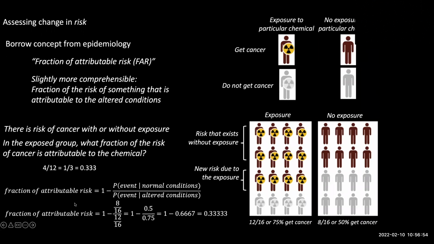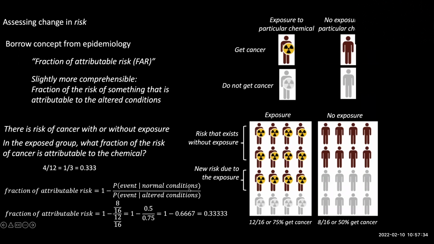So you just plug in numbers here. 1 minus the probability of the event under normal conditions is this 50%, or 8 over 16. And then the probability of cancer under exposure is 12 out of 16. So then it's 0.5 divided by 0.75. 1 minus 2/3 equals 1/3. So this is our formula, which tells us what fraction of the risk is attributable to the change in conditions. So what fraction of the risk is attributable to exposure to this chemical in this case.